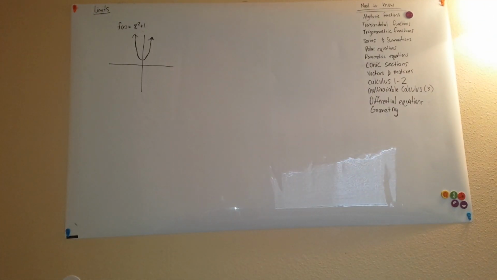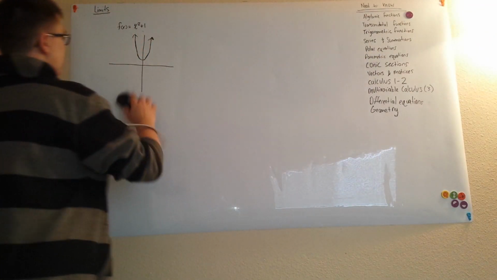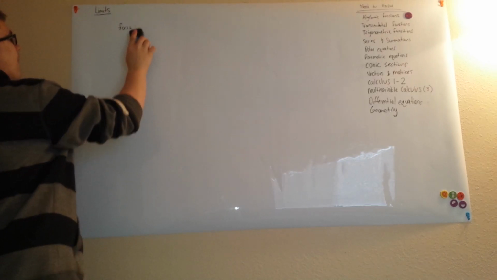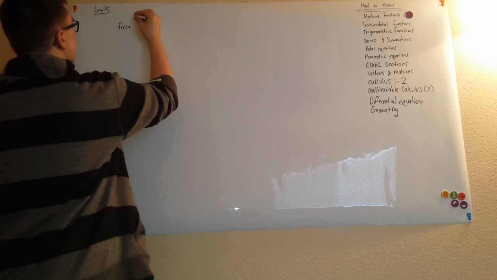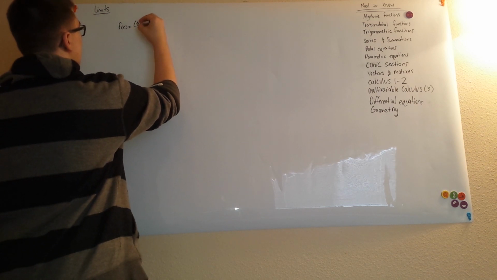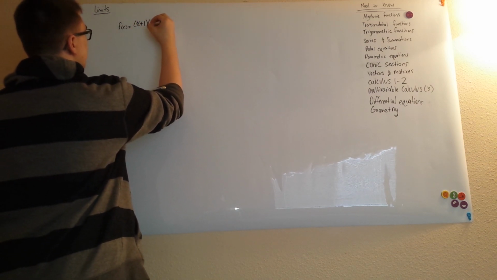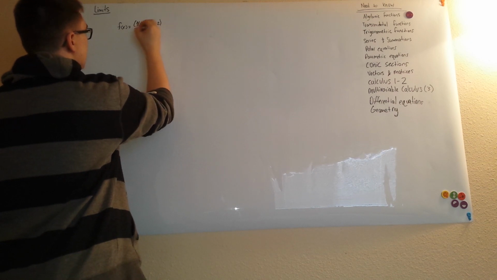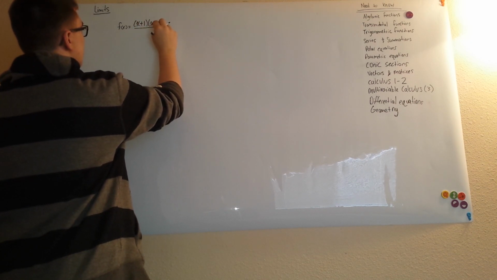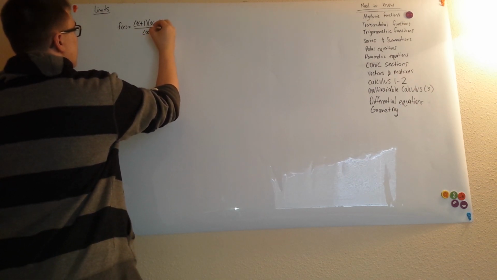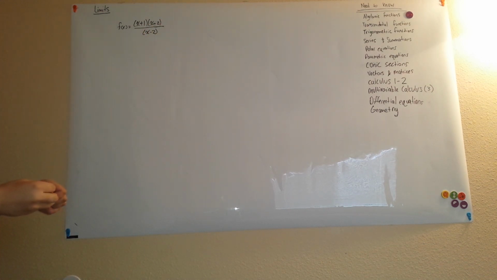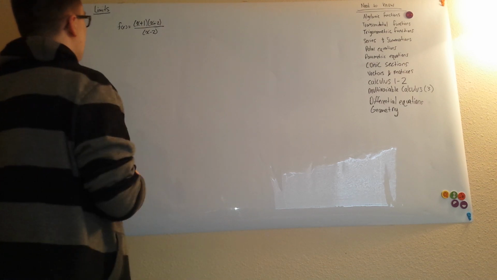And the best way to describe a limit is by using some function that does have something fishy. I'll write this one in factored form to easily see it. (x plus 1)(x minus 2) over (x minus 2). So, that's a function.